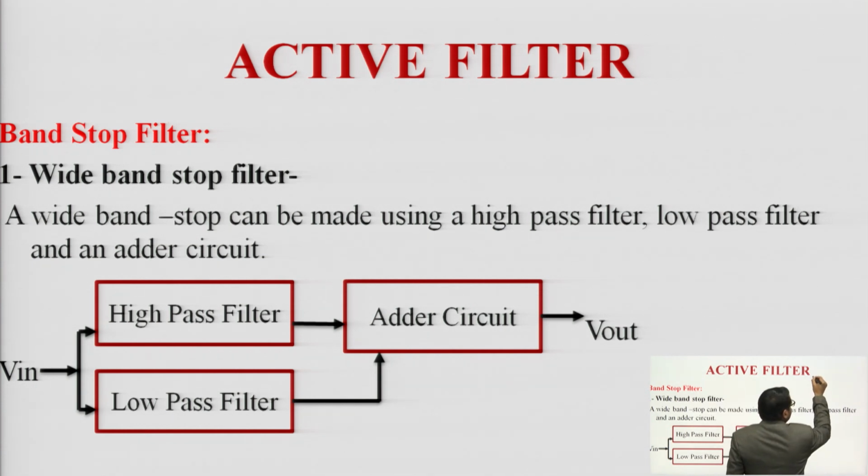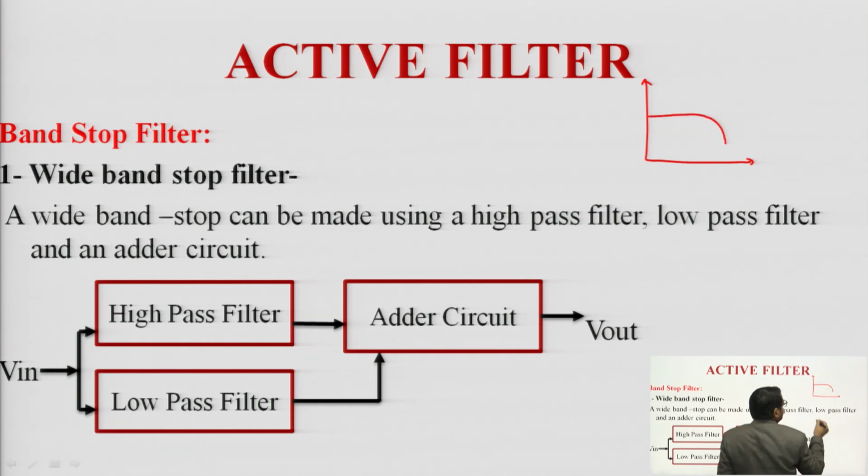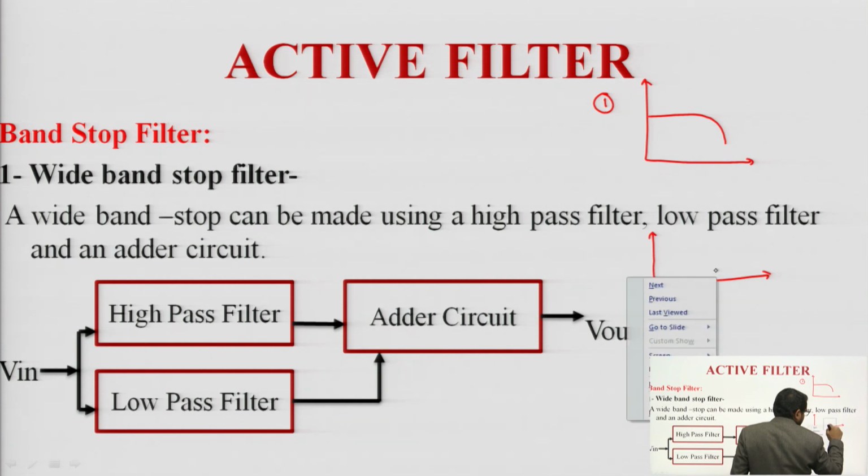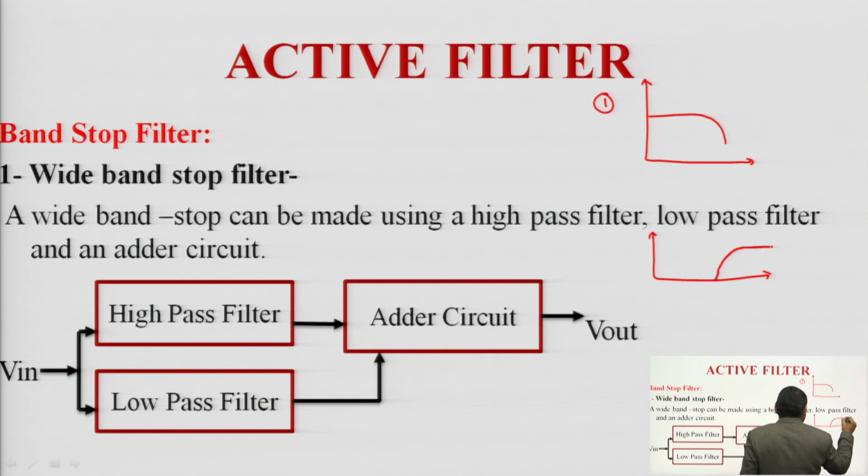Let us assume two signals. This is the first signal, and we have the second signal, which looks like this. This is signal 2.